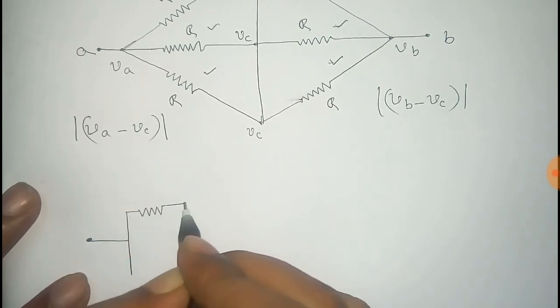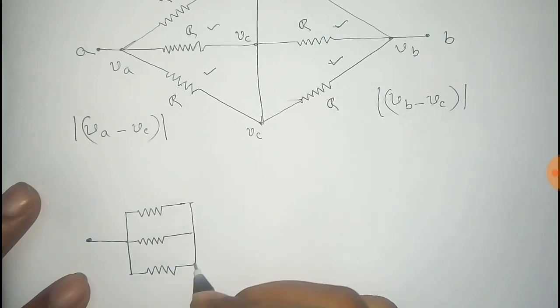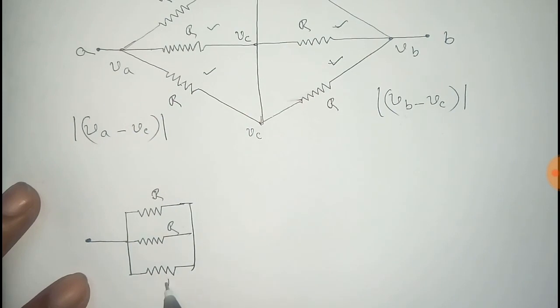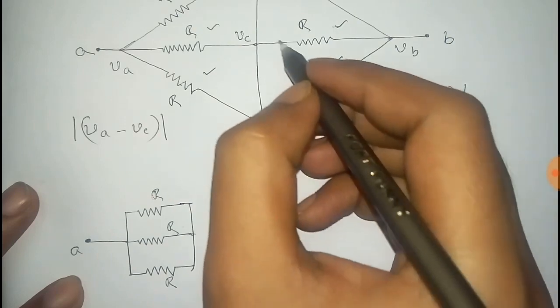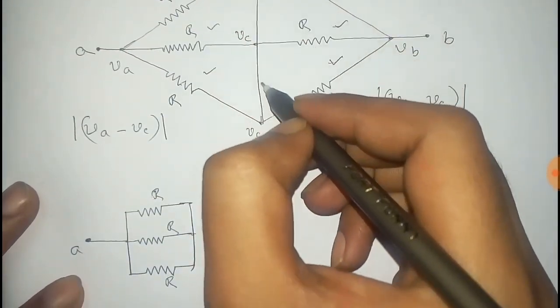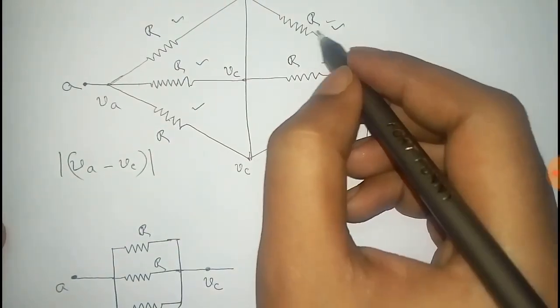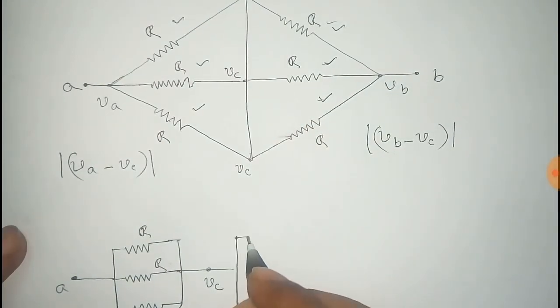These three resistances are in parallel, all having value R, and this is the common potential point, that is VC. So we have to draw this common potential point VC, and across them is the parallel connection of these three resistances.